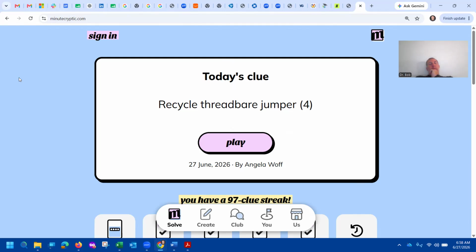Recycle. Maybe to cycle again. Rotate. Reuse.